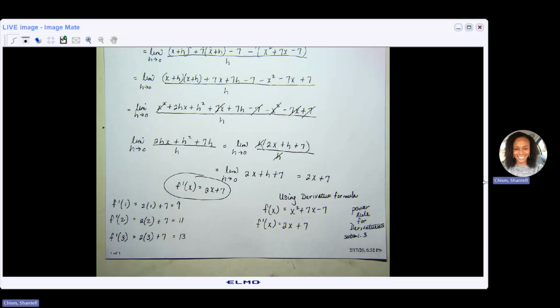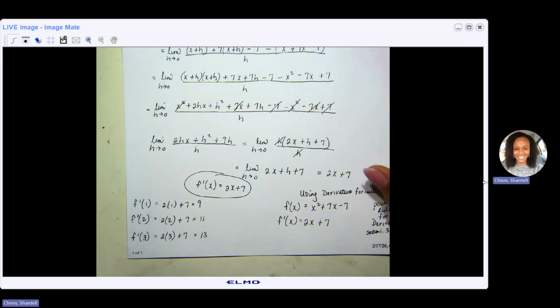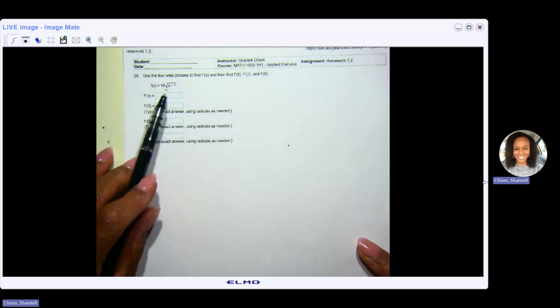Oh, let me show you on number 20 why I definitely recommend using the derivative formula. I'm not going to necessarily work it out in this video. I'll work it out in class on Thursday if you want me to, the long, long way. But you'll see why I recommend using the formula, especially when you're dealing with equations that are a bit more involved. Like take a look at this one. You're dealing with the square root.